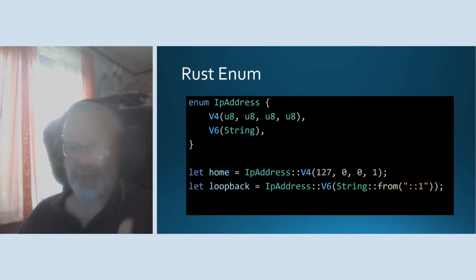In this case, we have version 4 that has 4 8-bit unsigned values attached to it. And then in V6, we have a string attached to it. We can have different values attached depending on what version we are using here. So if we want to use a version 4 address, we can attach the values 127.0.0.1. And if we use a version 6, we attach a string. And this is very powerful.